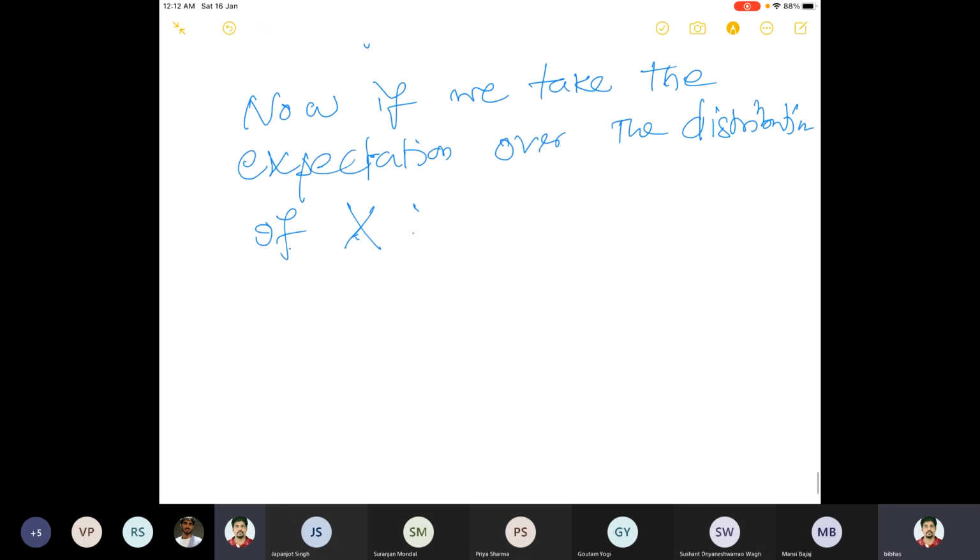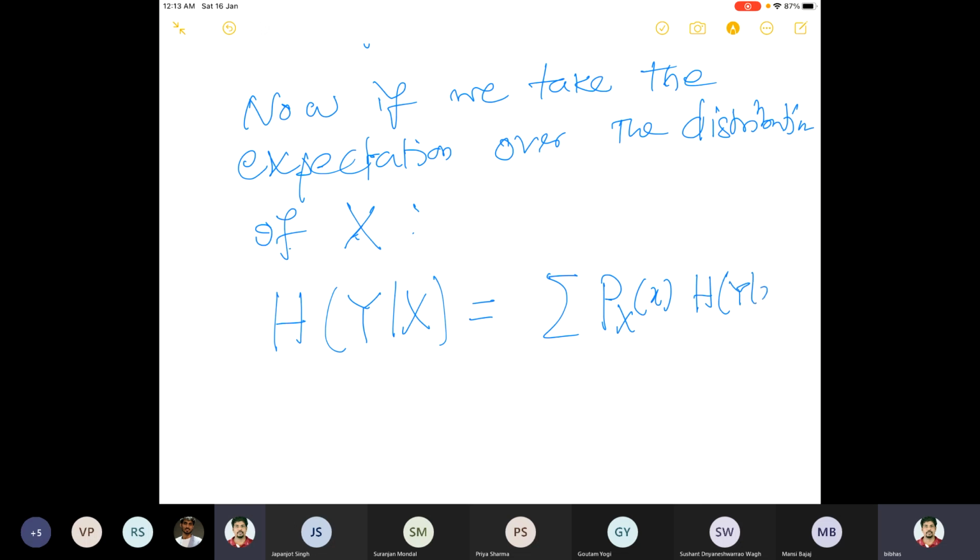Then we have this quantity H(Y given X), which is the average over x. So we are talking about the probability of x and H(Y given X=x) over all x.